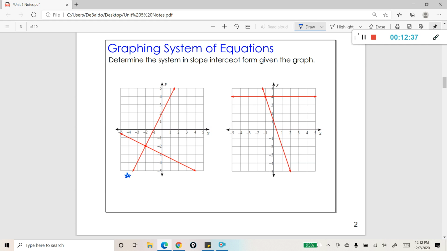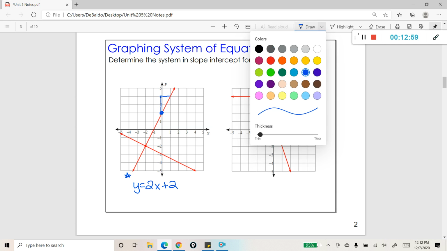And let's determine what the system is. So it looks like I need a slope-intercept form of my line. So it looks like that's going to be y equals, I see my y-intercept is 2, and it looks like I have a slope of 2. So 2x plus 2, that will be the line that I have indicated by blue.